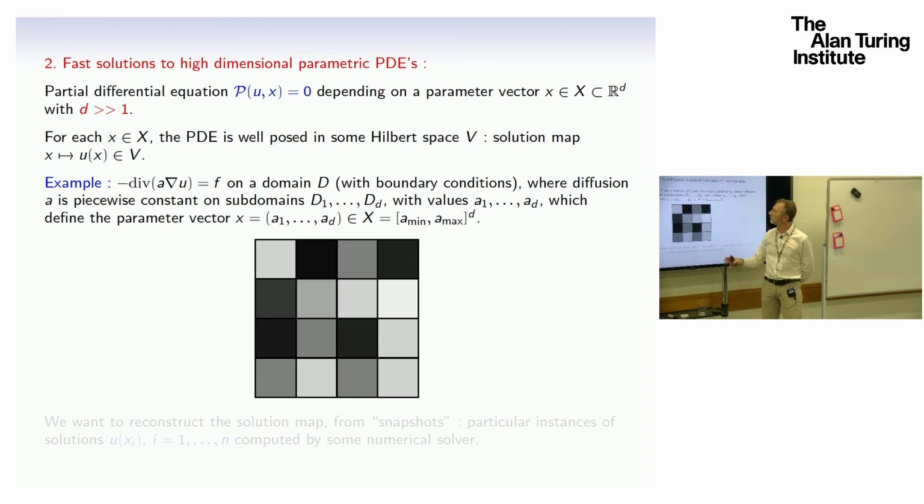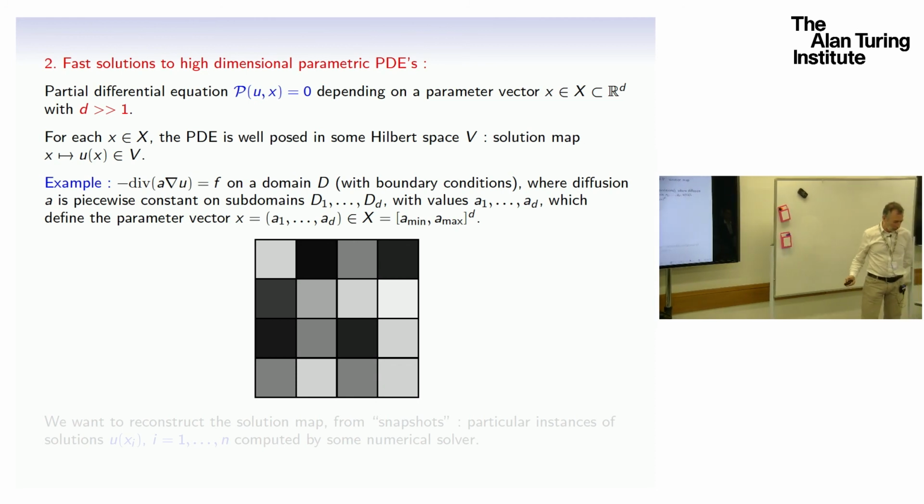So you have a sort of composite material with different values. Okay? And these are now your parameters. So what you would like to understand is how these values affect the solutions.